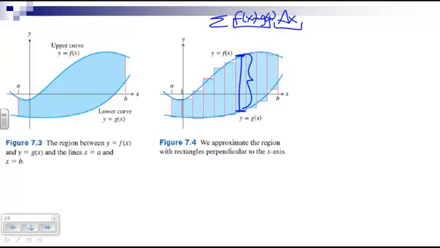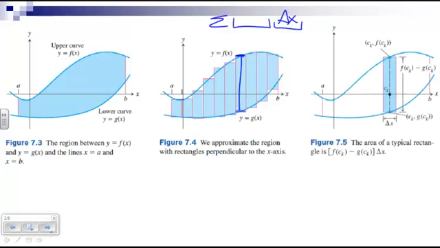It's absolutely true. So, f of x minus g of x for some particular value in that interval will give us the height of the rectangle, and we end up getting an expression that will represent the area between the curves.